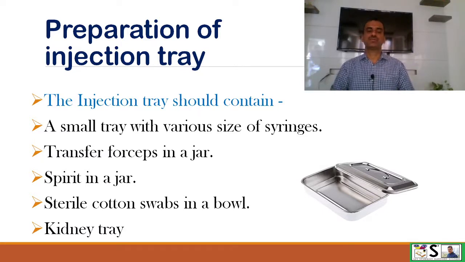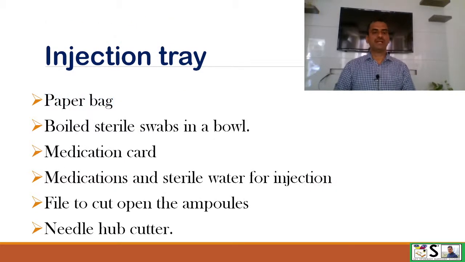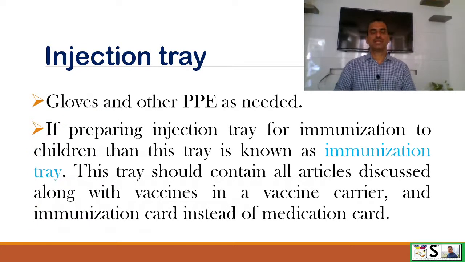Separately are sterile cotton swabs in a covered bowl, kidney tray, paper bag, boiled sterile swabs in a bowl, medication card, medication and sterile water for injection, a file to cut open the ampules, needle hub cutter, gloves and other PPE as per need.